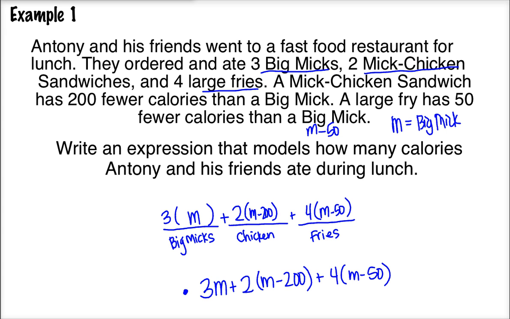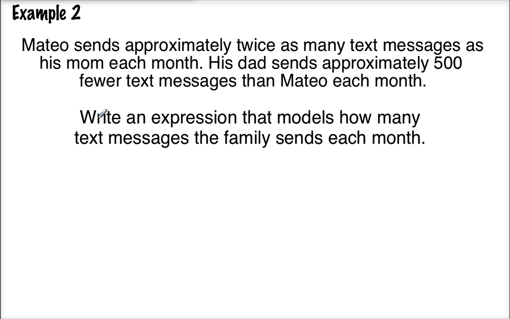Example number 2. Mateo sends approximately twice as many text messages as his mom each month, and his dad sends approximately 500 fewer text messages than Mateo each month. Write an expression that models how many text messages the family sends each month.